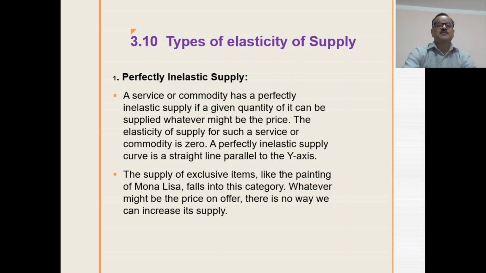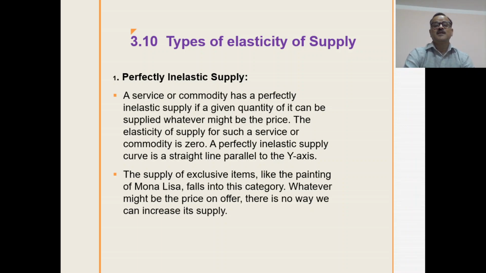The types of elasticity of supply. There are some types of elasticities of supply, like perfectly inelastic supply. A service or commodity has a perfectly inelastic supply if a given quantity of it can be supplied whatever might be the price. It does not respond to the changing price.